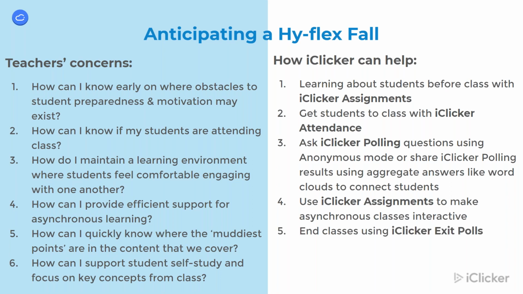With iClicker exit polls, you're going to get students identifying that muddiest point consistently over the course of a term. So when you end with an exit poll, students are asked to rate their understanding of the class on a between 1 and 5 scale, and then they're also given a field where they're able to ask additional questions of their instructor. This is incredibly valuable information for instructors who are trying to track student success.